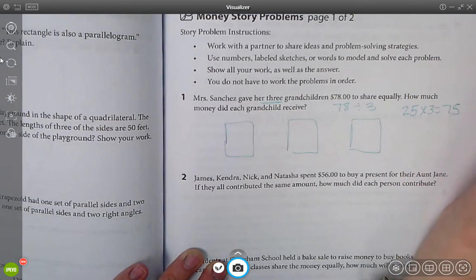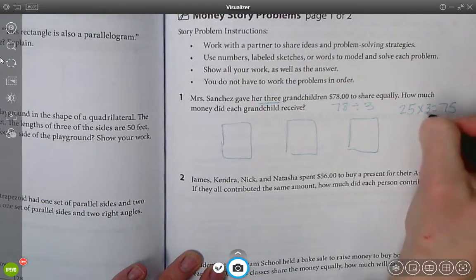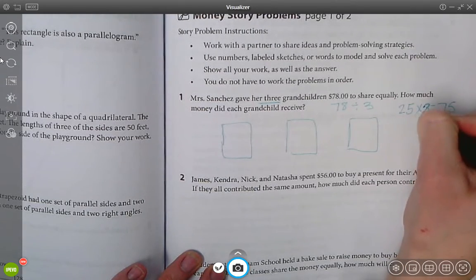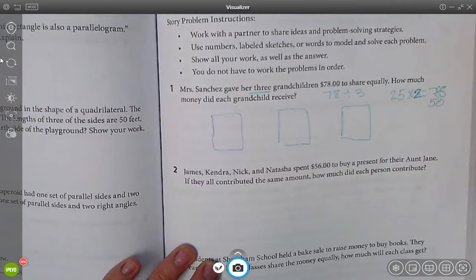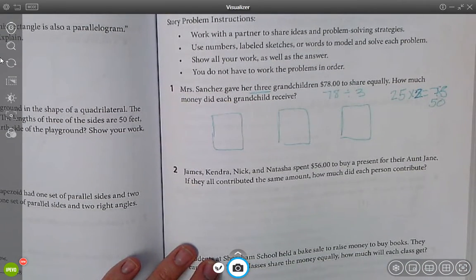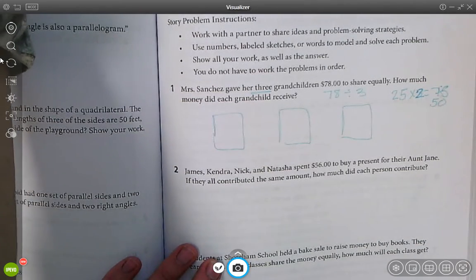Okay, because I had, no, I'm sorry. 25 times 2 is going to give me 50, right? Wait a minute. No, because $25.